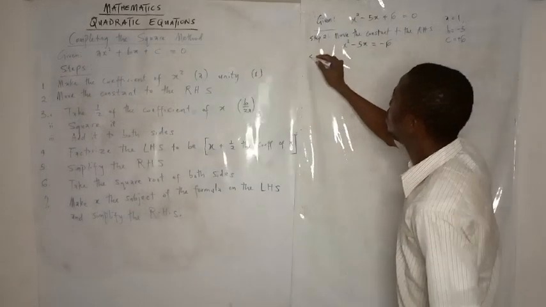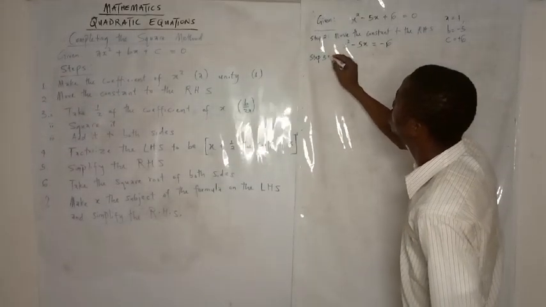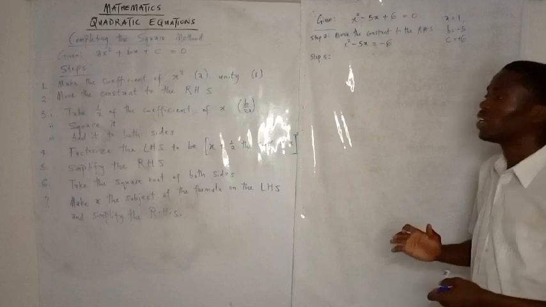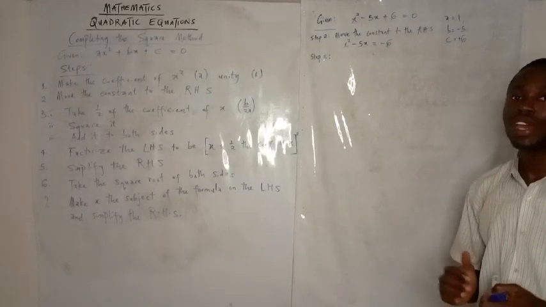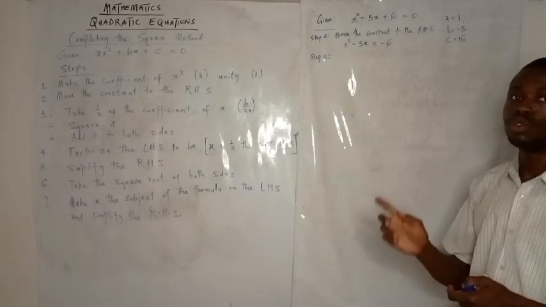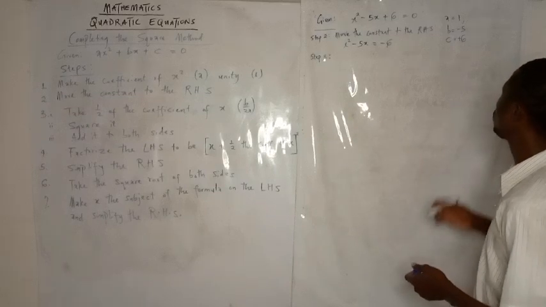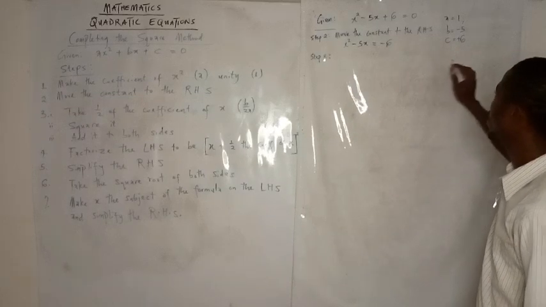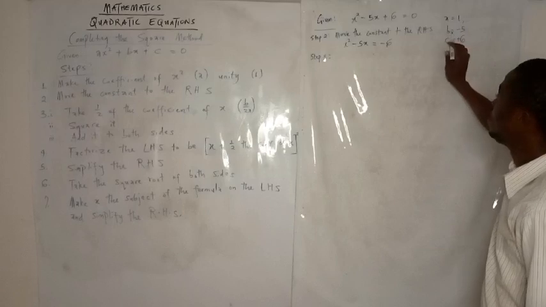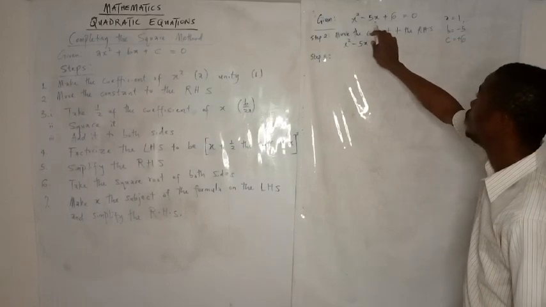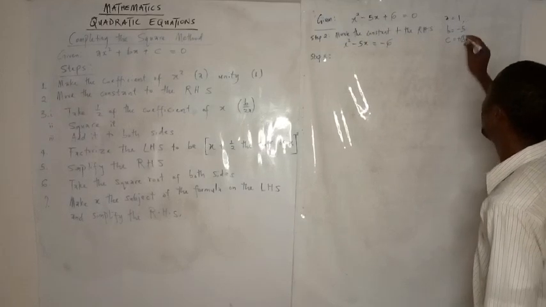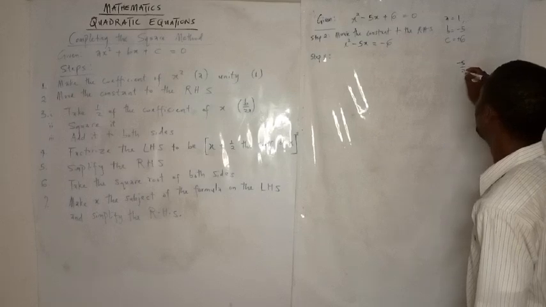And then step 3, here we come. Step 3 says we should take half of the coefficient of x, square it and add it to both sides. So half the coefficient of x will be b, because the coefficient of x is b, which is -5 in this case. So half of it will be -5/2.